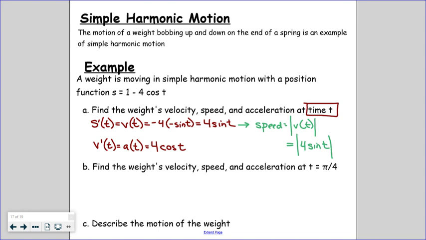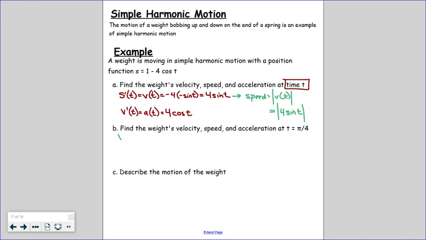Part B, find the weight's velocity, speed, and acceleration at time equals pi over 4. All we have to do now is go back to those 3 functions we found and evaluate them at pi over 4. So our velocity function at pi over 4 would be 4 sine of pi over 4.